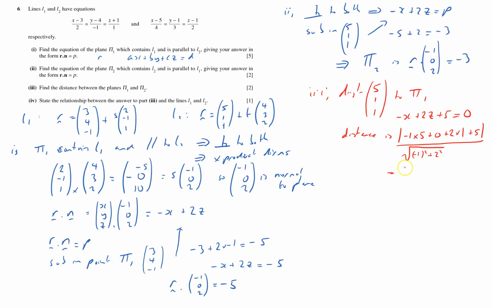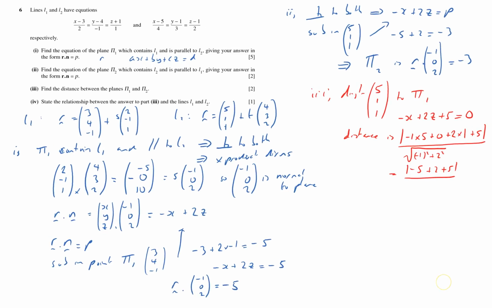And that equals the modulus of -5 plus 2 plus 5 all over the square root of 1 plus 4, which is 5. So that equals 2 over root 5, or times the top number by root 5, 2 root 5 over 5.